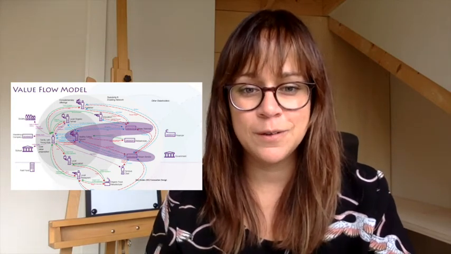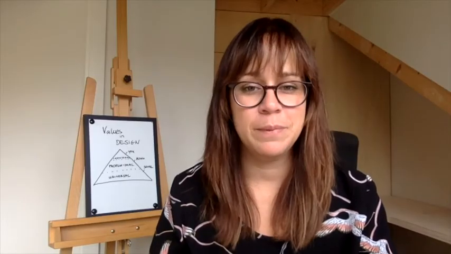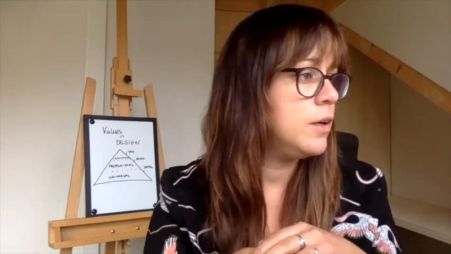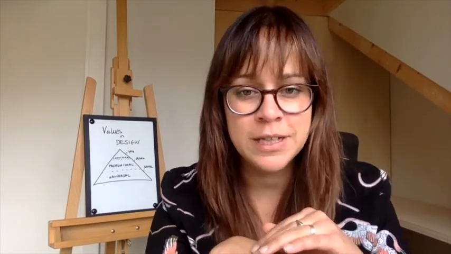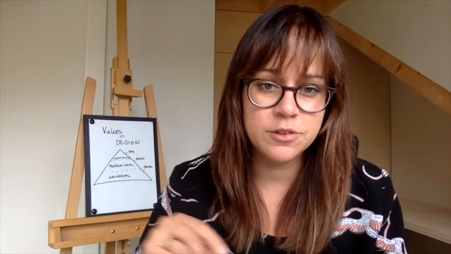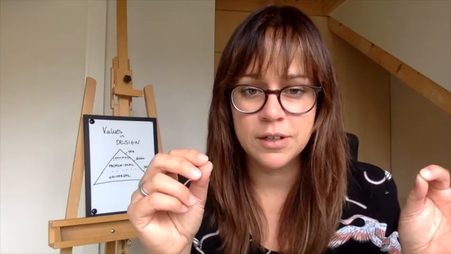So how are you going to make this map? An example of the map, you see that the user is central and there are really a lot of stakeholders around that. So you can do that on a sheet of paper yourself. You map out the different stakeholders. Don't forget to include yourself as a stakeholder in the project because you have also your own goals. And then you map out the different exchanges.